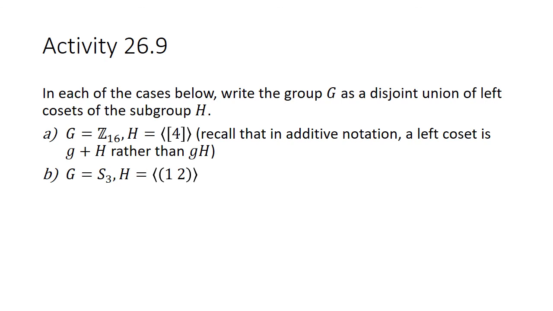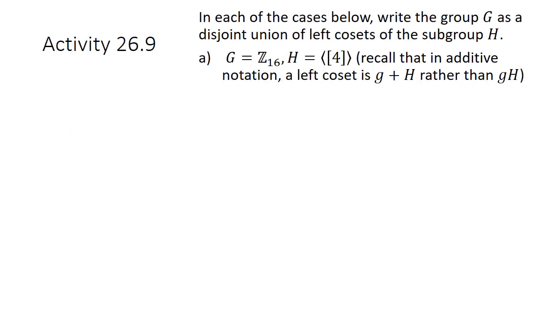Okay, all right, so now let's look at activity 26.9. In each of the cases below, write the group G as a disjoint union of left cosets of the subgroup H. Go ahead and pause the video, try this activity, and then we will go over it. Okay, so let's go over part A here. We're writing the group G as a disjoint union of left cosets of the subgroup H. Here our group is Z16, and H is the cyclic subgroup generated by [4].